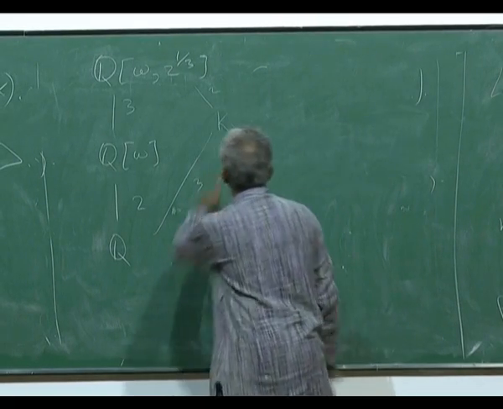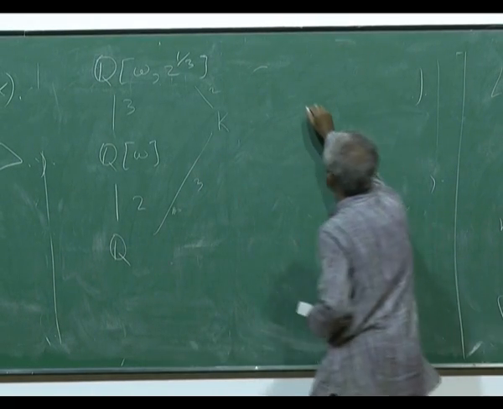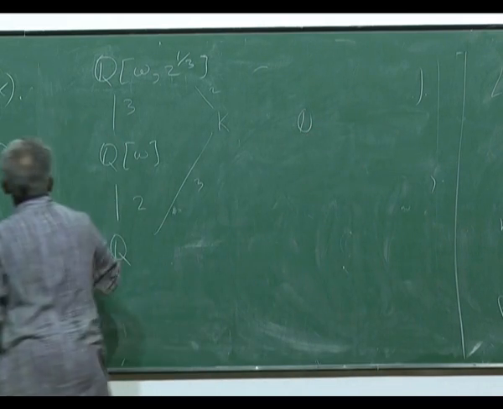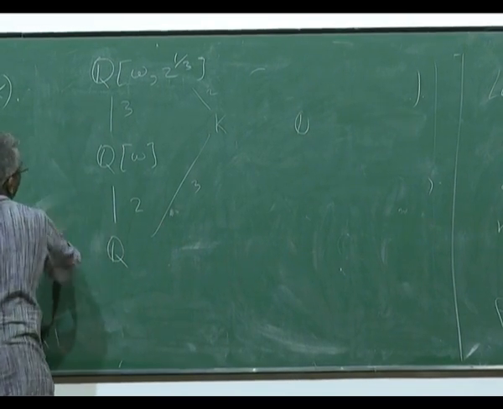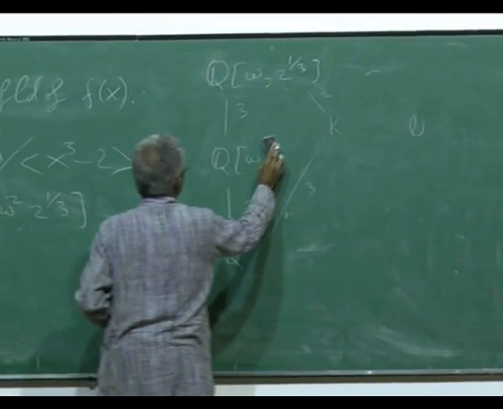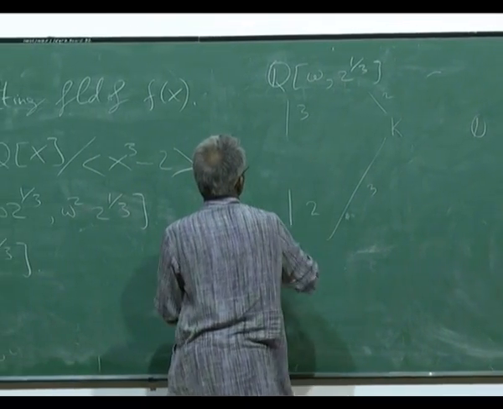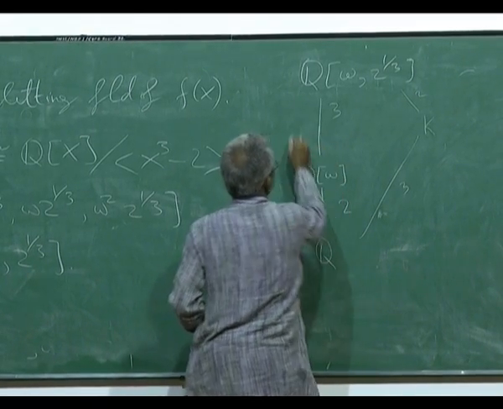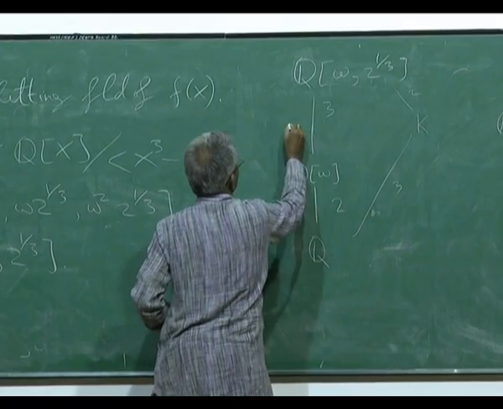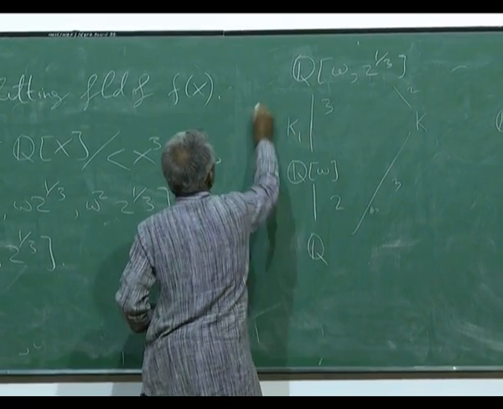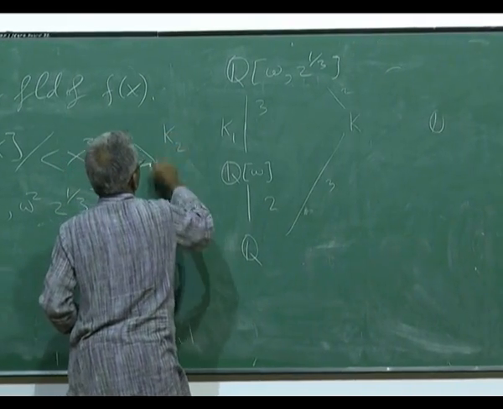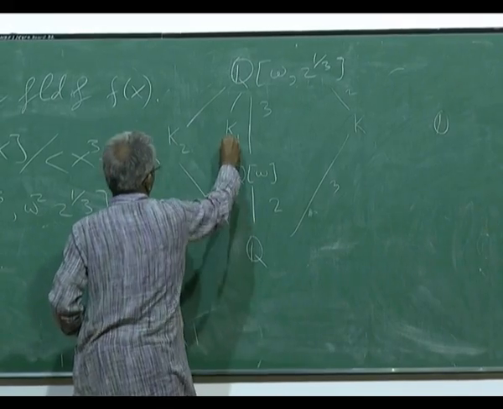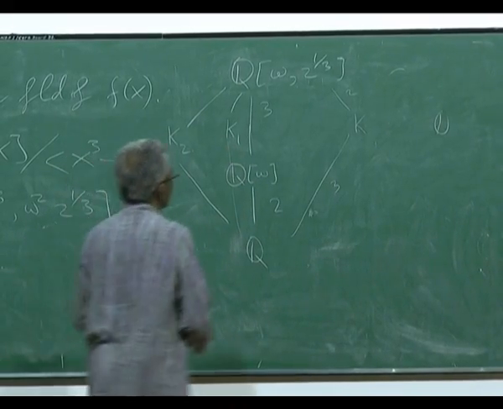I wrote down 2 other fields. There was also Q. I give myself a little more room here because I need that. I am going to erase it for a minute and then rewrite it. Q attach omega. Now, here K is already there. So, there is another field K1 and K2, and then I will have this picture. What is K1?